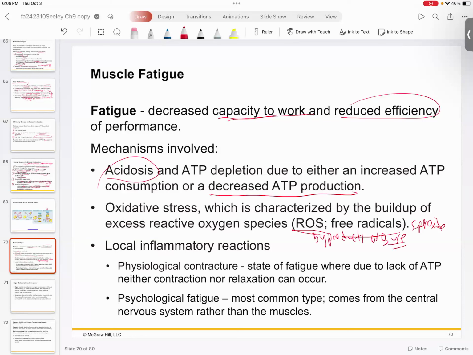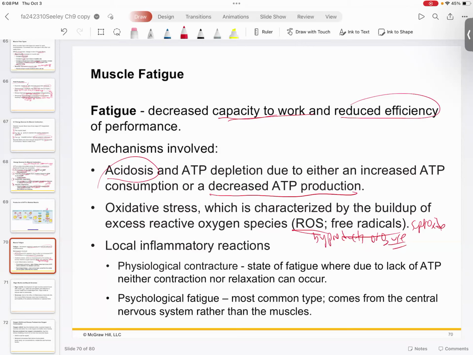So you probably remember this from your cell chapter in general bio. These byproducts of oxygen build up in your system, and you have to have antioxidants in your system to be able to defang or detoxify these oxidative molecules.